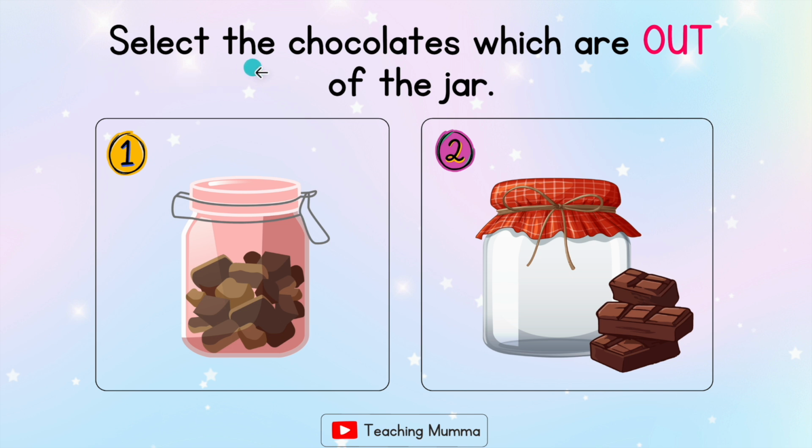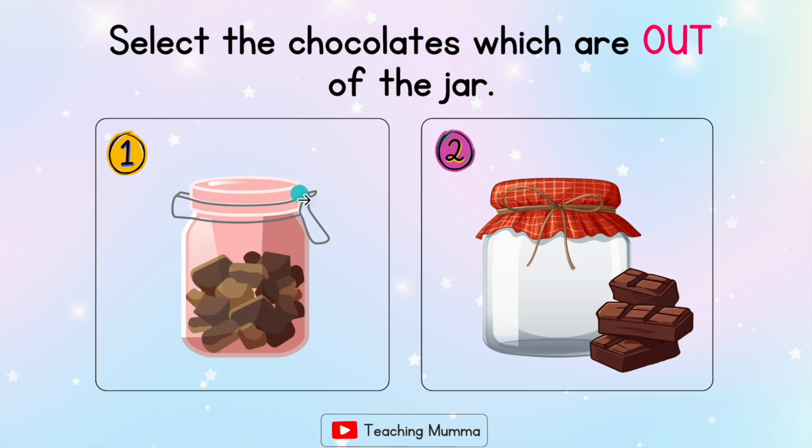Select the chocolates which are out of the jar. Okay, let's check the options. Option 1, option 2. In option 1, can you see these chocolates are inside the jar?